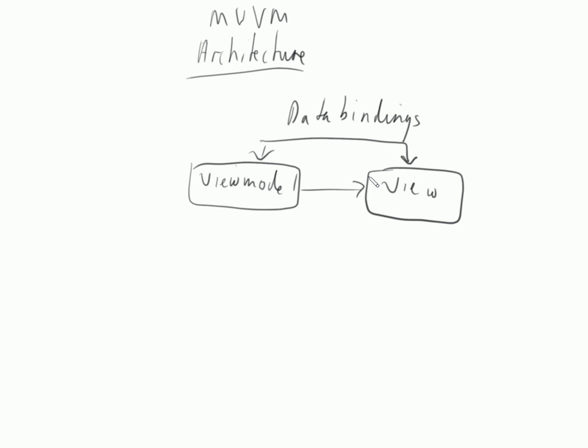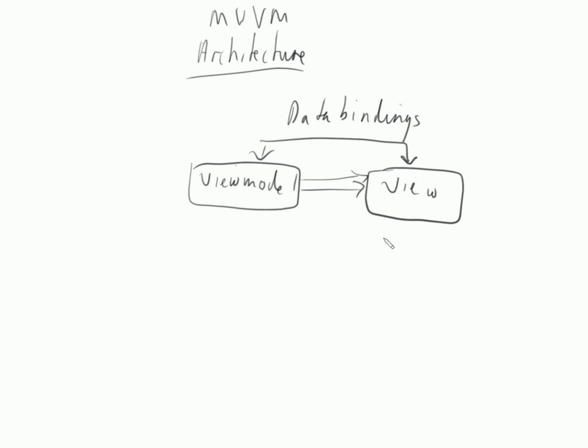So it's not a multi-directional data flow pattern. It's only a unidirectional flow, i.e., the data is only sent to the view. The view only can listen to the view model. The view model doesn't know anything about the view.